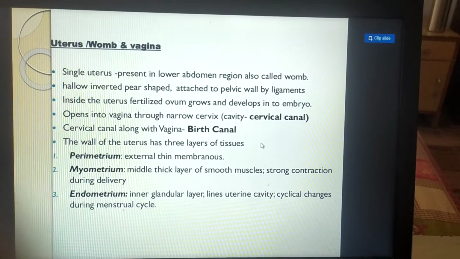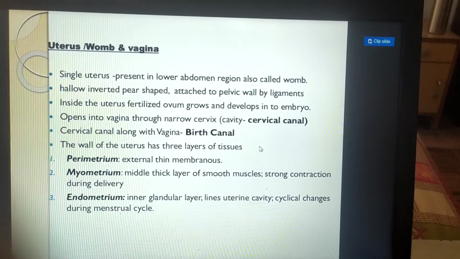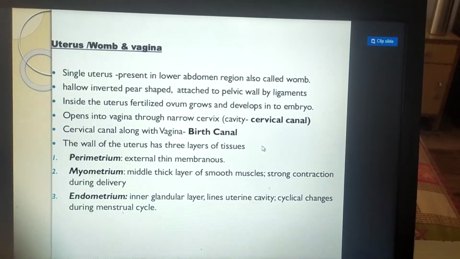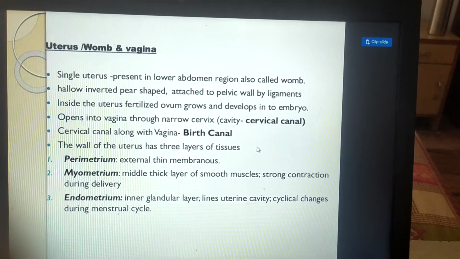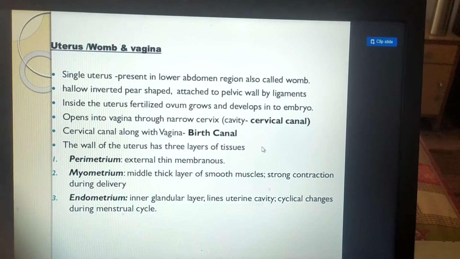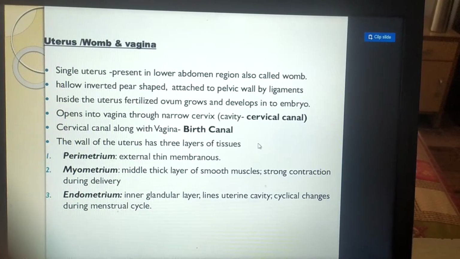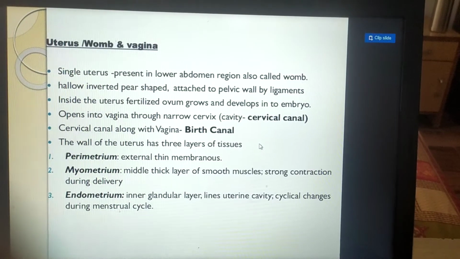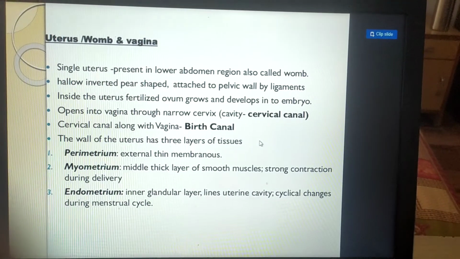Uterus, womb and the vagina. A single uterus is present in the lower abdomen region, also called the womb. It has an inverted pear shape, pear being one kind of fruit. It is attached to the pelvic wall by ligaments. Inside the uterus, the fertilized ovum grows and develops into the embryo.